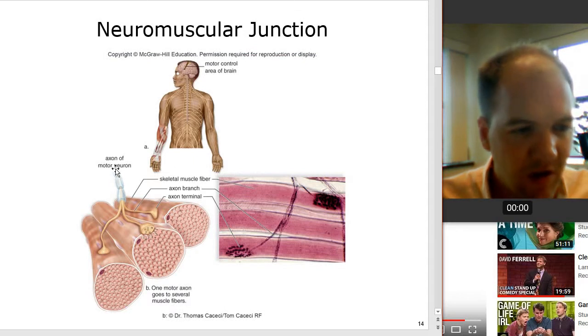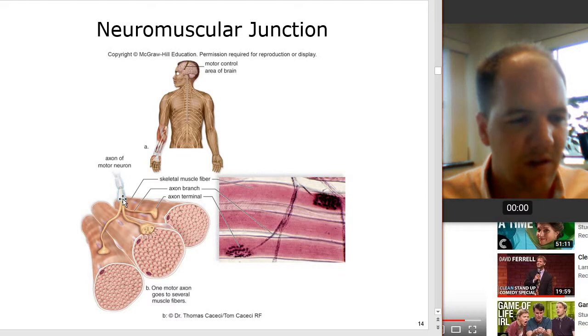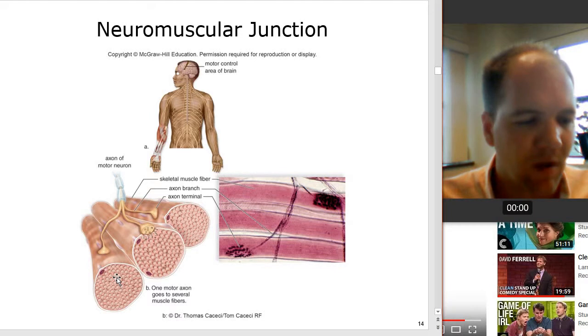Here's a neuron coming down from a nerve. This is our nervous system, and that neuron is going to stimulate these individual muscle fibers, these muscle cells. A single neuron may stimulate multiple muscle cells, and so this single thing here is called a motor unit. The neuron and all of the muscle fibers that it controls.